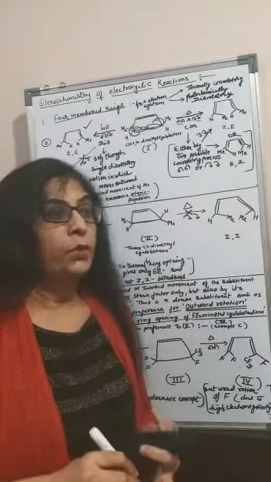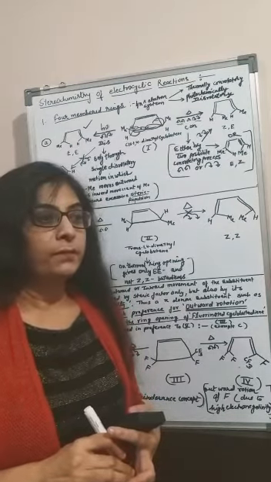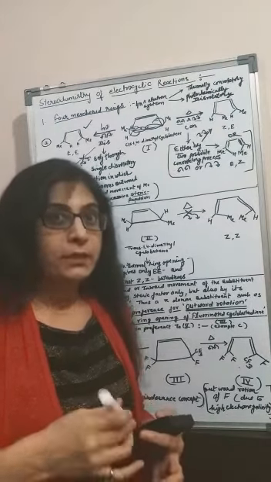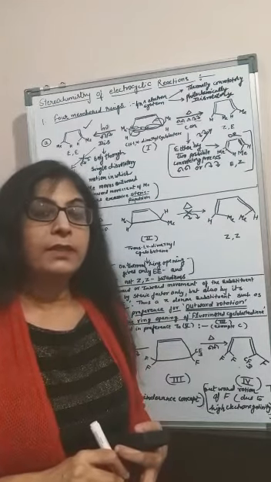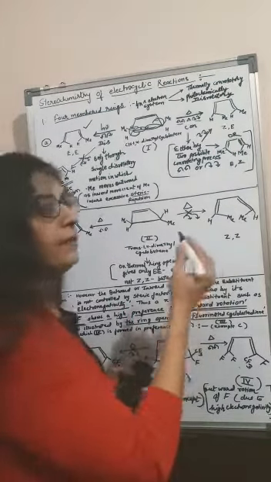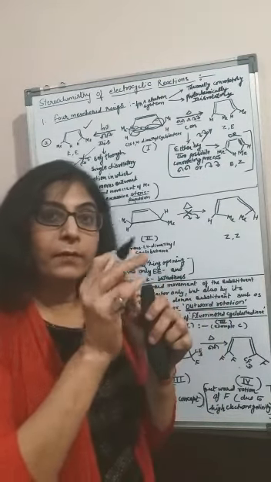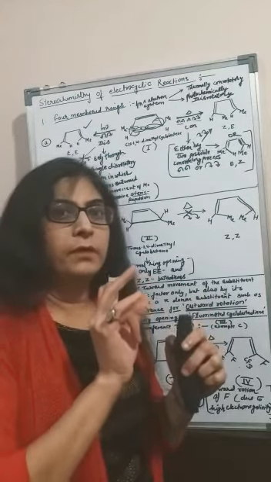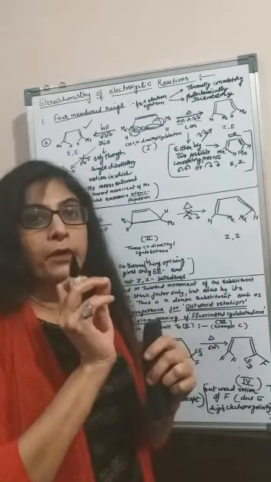Now in this video, I am explaining that apart from the disrotatory and conrotatory processes, some other factors are also responsible for predicting the correct answer. One very important factor is steric repulsion or steric hindrance. If bulkier groups come closer, that product will be less predominant, and where less bulky groups come closer, that product will predominate.